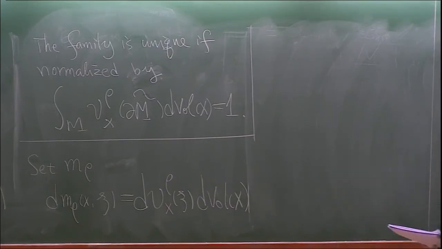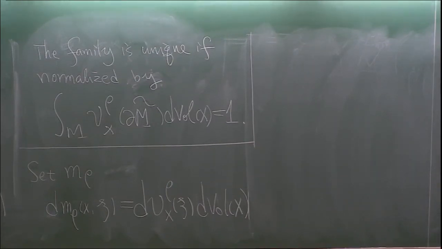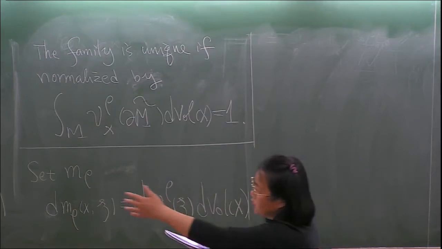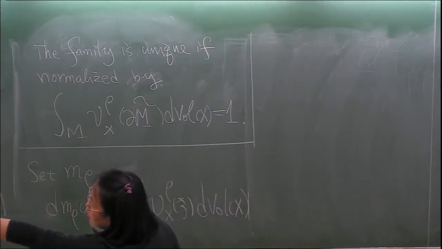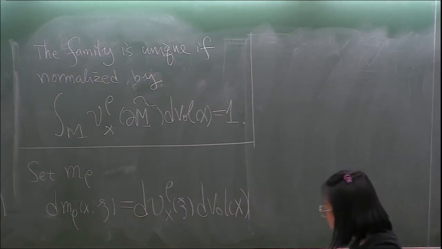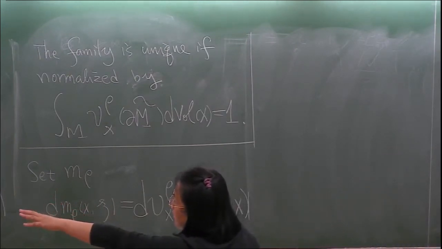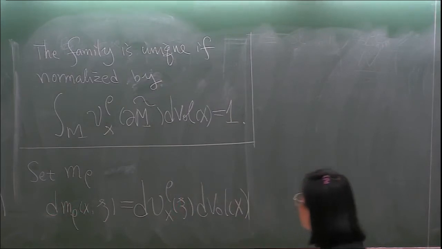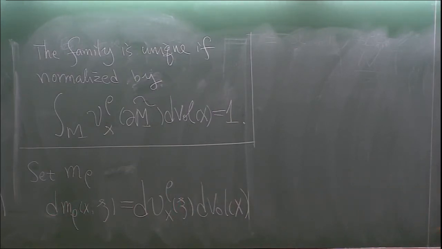It will satisfy that equation. So we're satisfying the integral of this operator applied to f, with respect to m rho, will always be 0 if f is smooth.